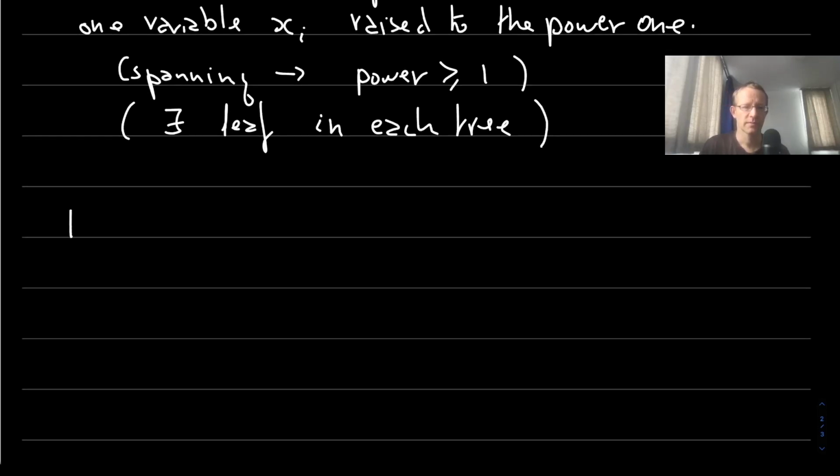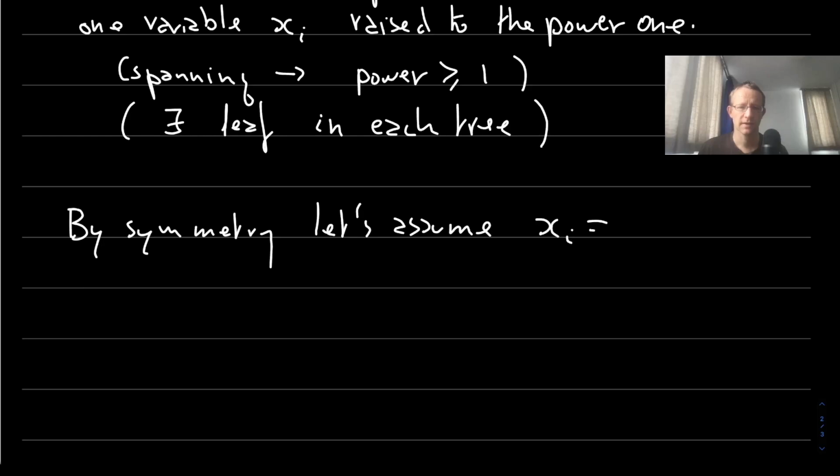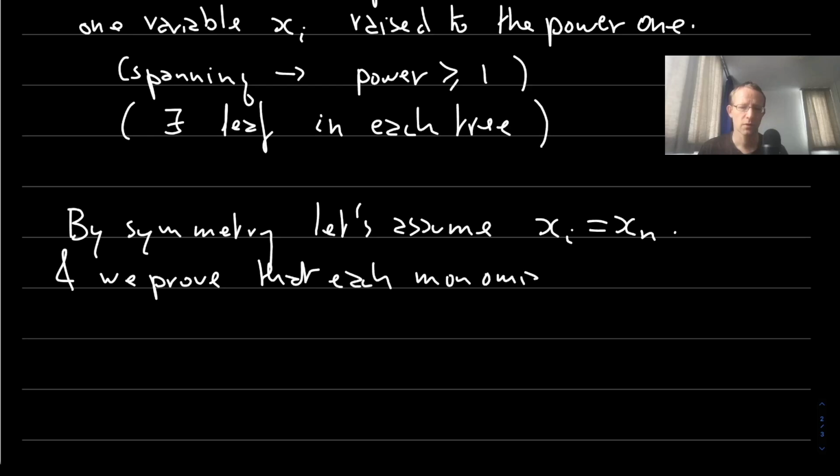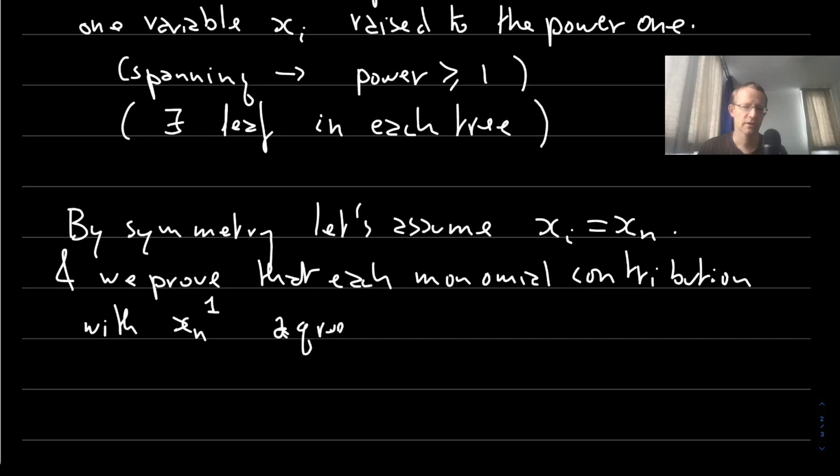So by symmetry, let's assume that xi is xn, and we prove that each monomial contribution with xn to the power 1 agrees on the left and the right hand side of our equation.